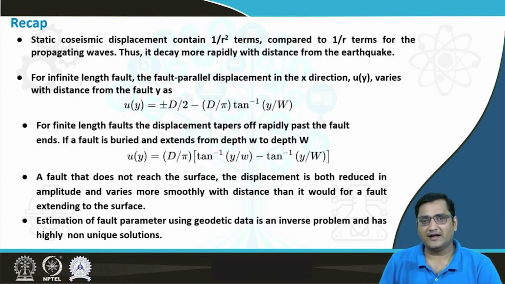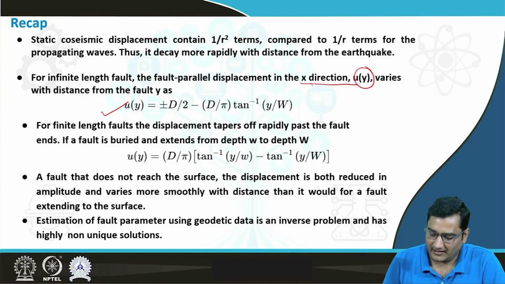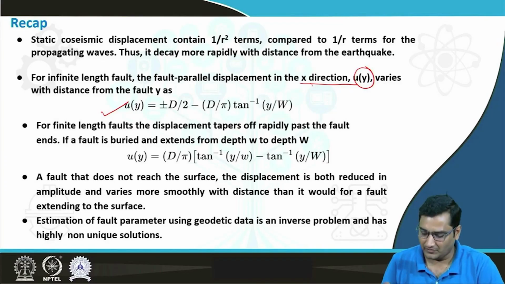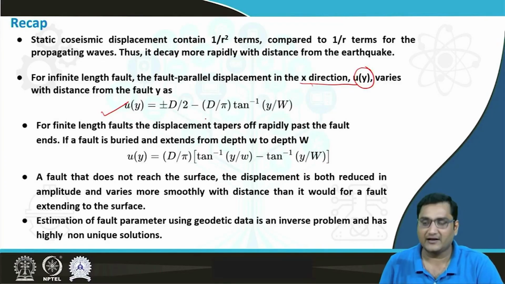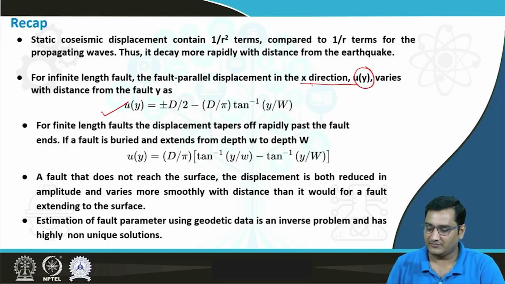For the infinite length fault, the fault parallel displacement in the x direction, that is uy, can be given by this expression: uy is equal to plus minus d by 2, where d is the slip on the fault plane, minus 1 by pi tan inverse y by w. w is the width of the fault and y is the direction perpendicular from the fault location.